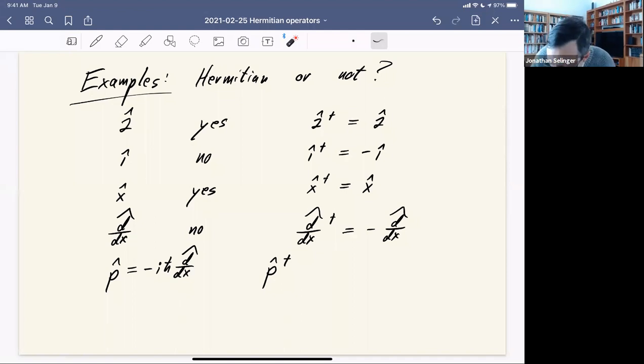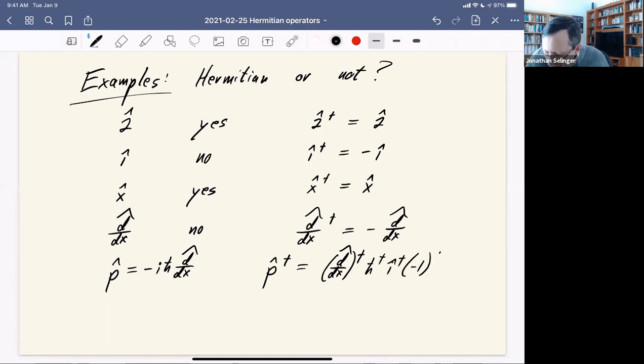So this is d by dx hat dagger, then h bar dagger, then i dagger, and -1 dagger. Each of those multiplications. The Hermitian conjugate of d by dx we just figured out, it's d by dx but with a negative sign.